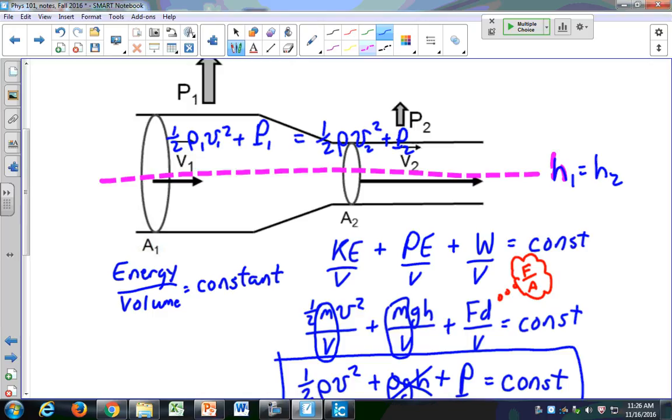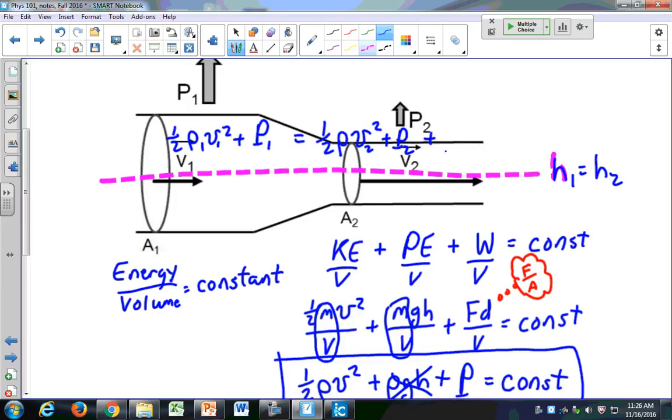You'll notice what I did, that I just got rid of that rho gh because h1 is equal to h2, and I subtract them from both sides. Follow me on that? Not sort of, kind of, not really? Well, let's go ahead and put them in, and I'll show you how they cancel out.